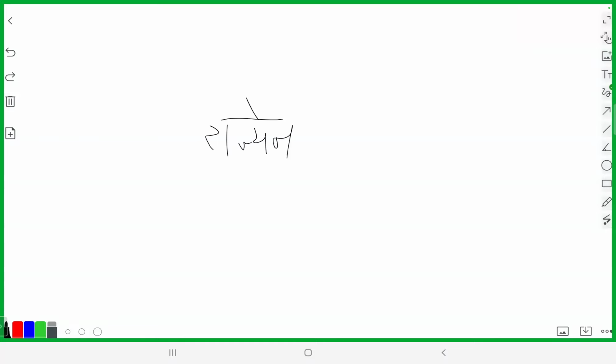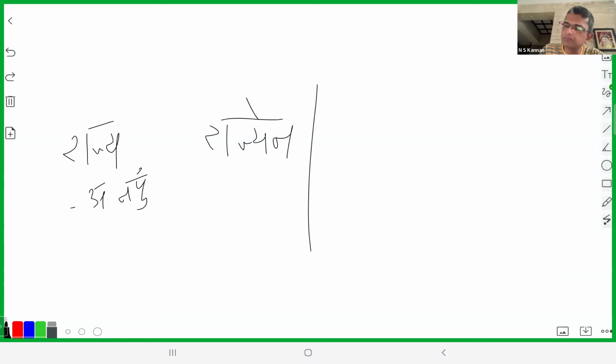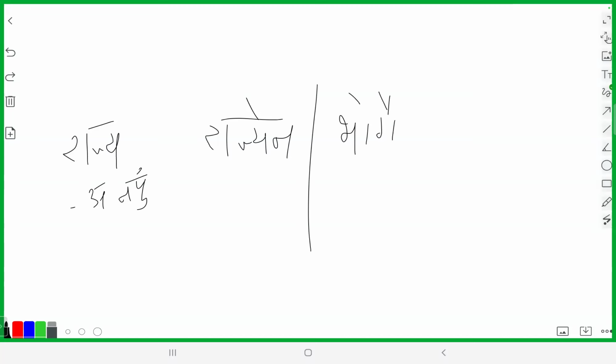Pratipadikam Rajya, Akaranta Napusakalinga. Correct? What else? Bhogaihi, Jivitena.